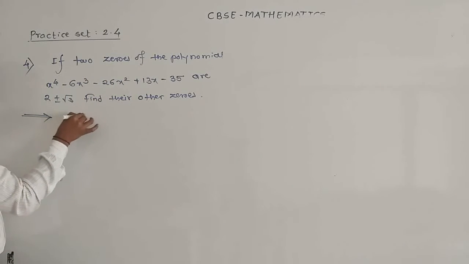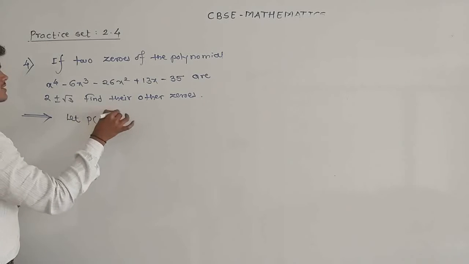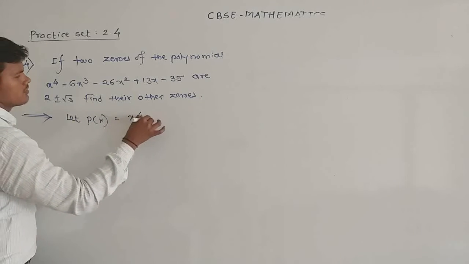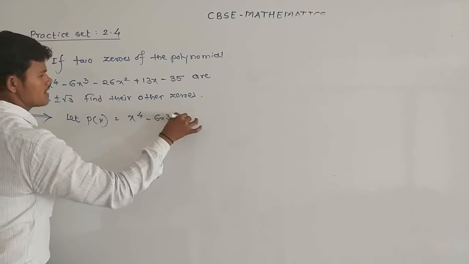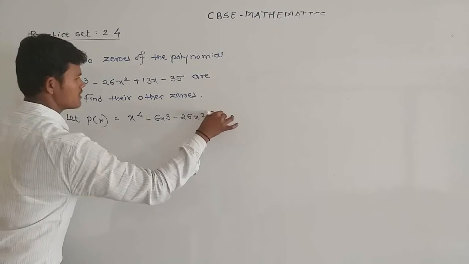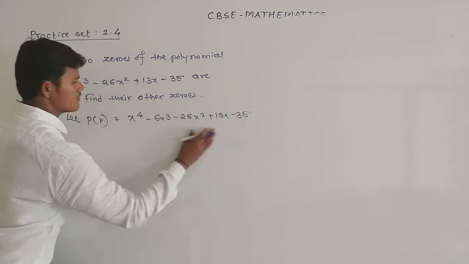So let p of x is equal to x raised to 4 minus 6x cube minus 26x square plus 138x minus 35.